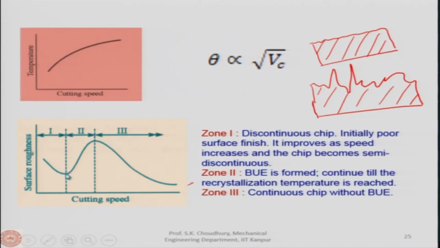All right. So, it comes to this point, then it goes into that zone of the cutting speed where the temperature and pressure will be favorable for the built up edge formation. Okay. Let us say mild steel, I remind you that this is 80 to 110 meter per minute.